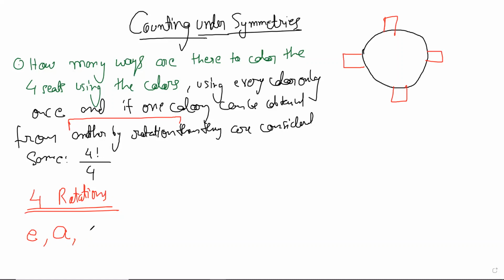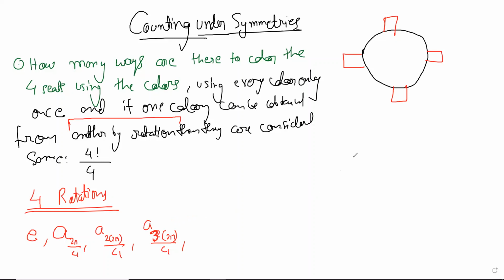For the time being, let us just call it A 2 pi by 4. Then this will be 2 times 2 pi by 4. This denotes the degree of the rotation. Then 3 times 2 pi by 4. Now, this may look like I'm unnecessarily making it complicated, but we'll see why this will be useful. We have 4 types of rotations.